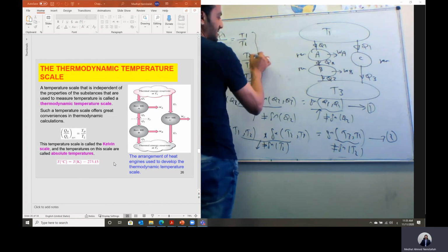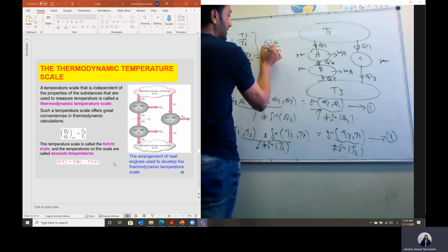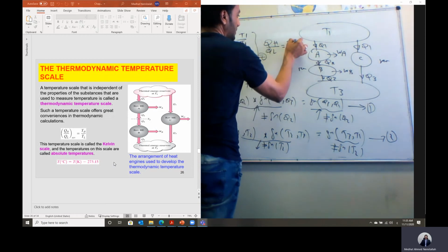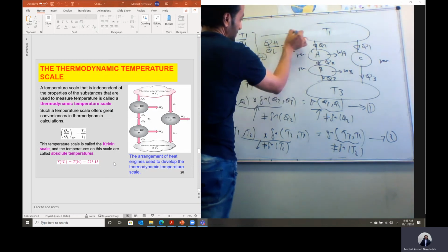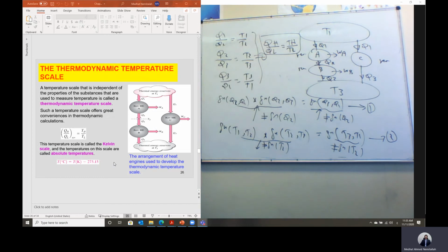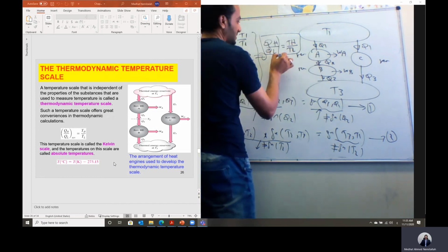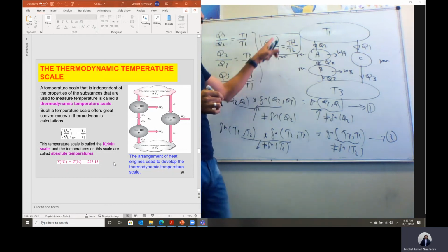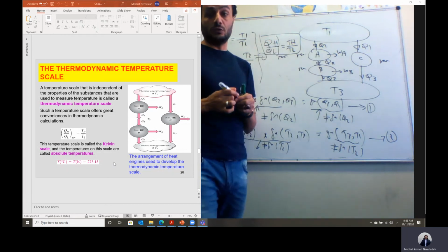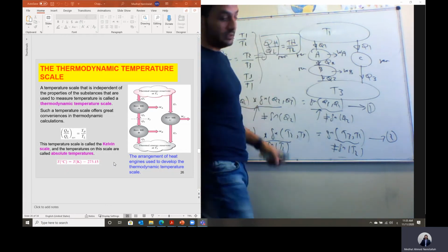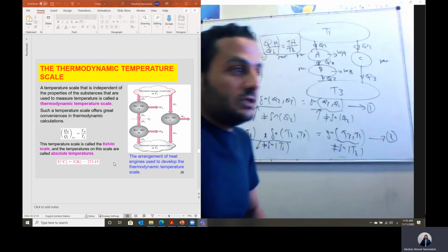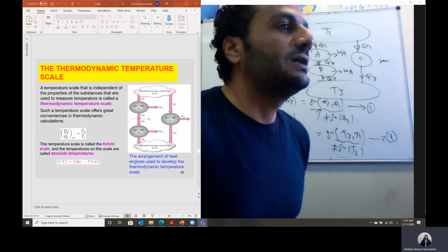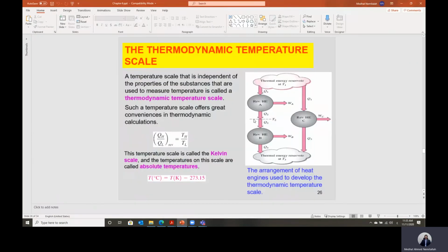Or we can generalize the case and say Q high over Q low equals T high over T low. And this is only for the case of a reversible heat engine. For a reversible heat engine, the ratio Q high over Q low is the same as T high over T low. And this is how we prove this relation.